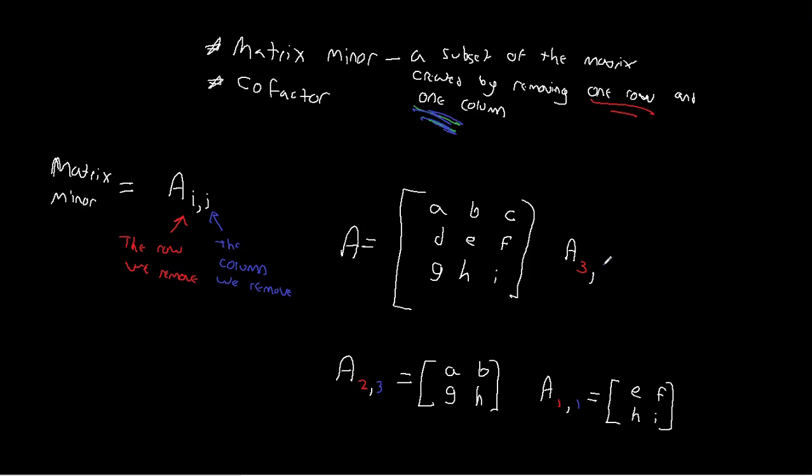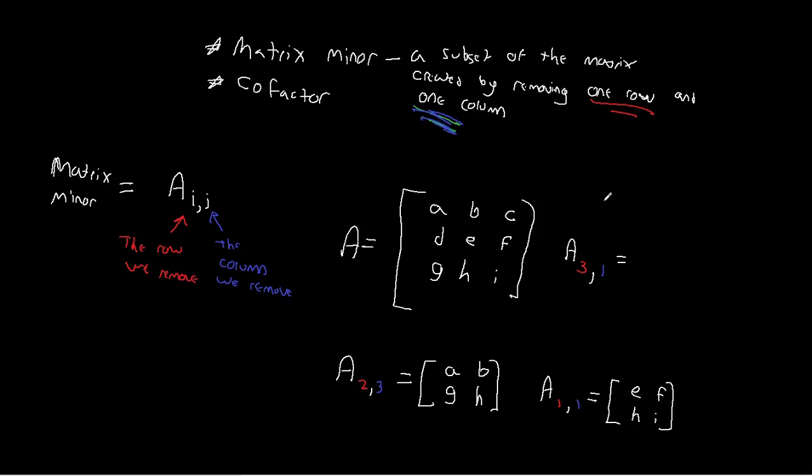So what I'd like you to do is maybe pause the video, see if you can think about what the matrix minor 3,1 would look like, what letters we would be left with. Pause the video now, think about it for a second.